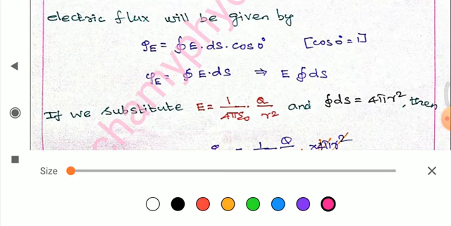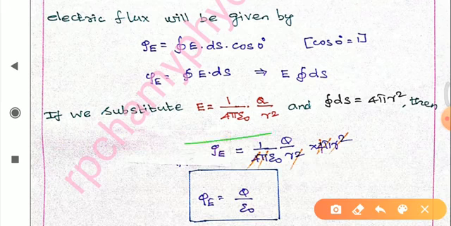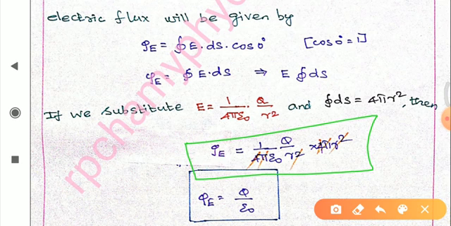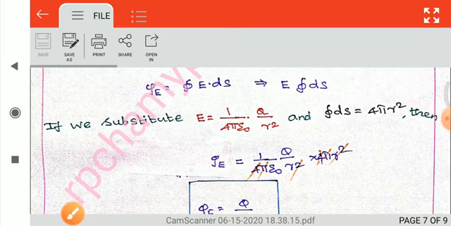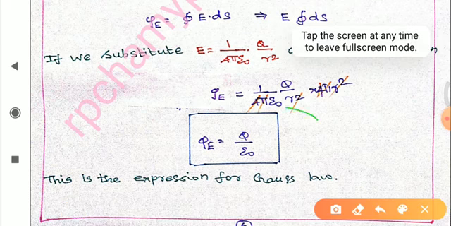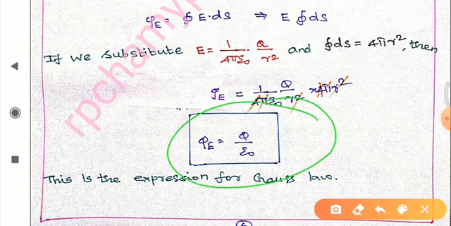The flux value is given by phi E is equal to 1 by 4 pi epsilon naught into q by r square into 4 pi r square. R square will be cancelled. Then 4 pi will be cancelled. What will be remaining? Phi is equal to q by epsilon naught. Okay, so this is the formula for electric flux: phi is equal to q by epsilon naught.